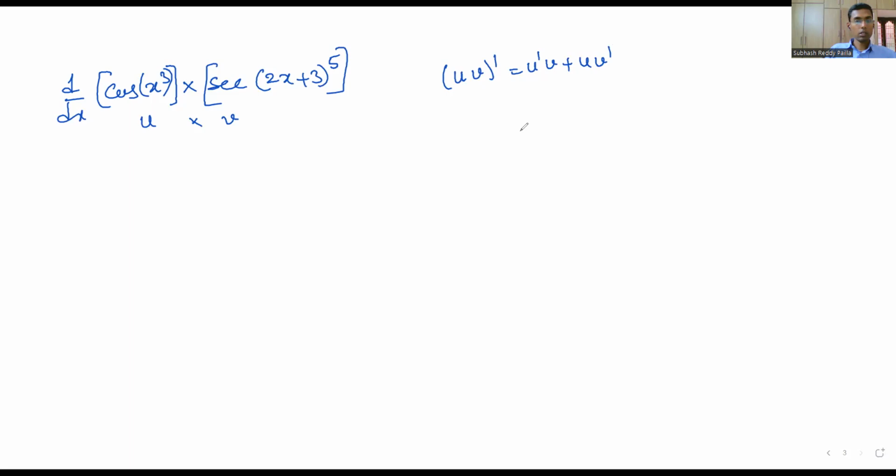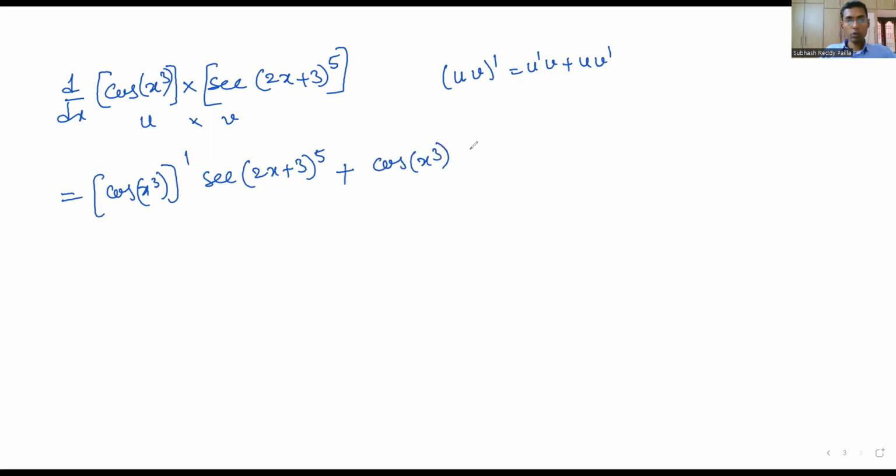So now I am writing cos x cube whole dash into secant of 2x plus 3 whole power 5 as it is. That is u dash v. Plus u, which is cos x cube, into secant of 2x plus 3 whole dash. That is u dash v plus u v dash. Tell me the derivative of cos x cube.